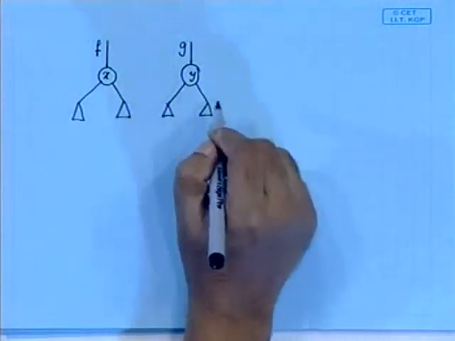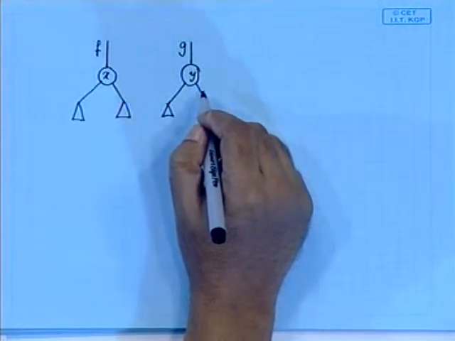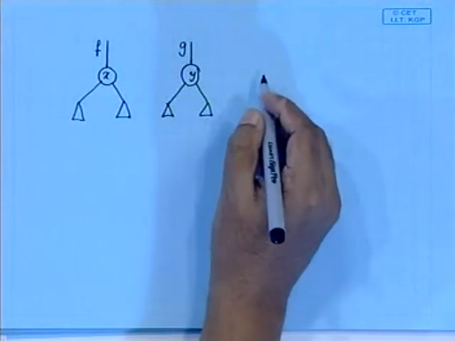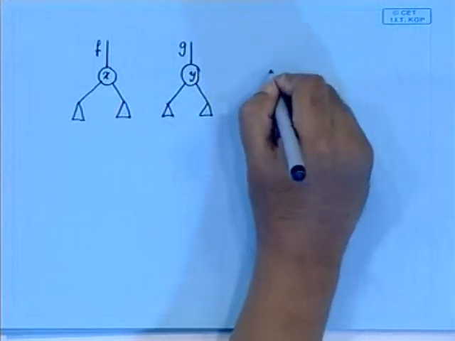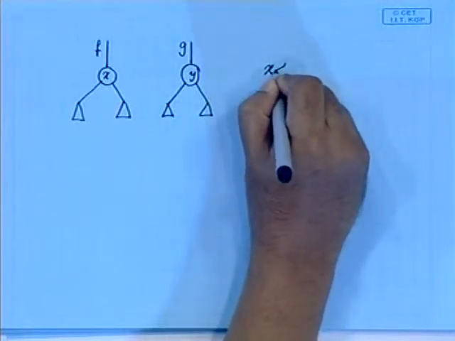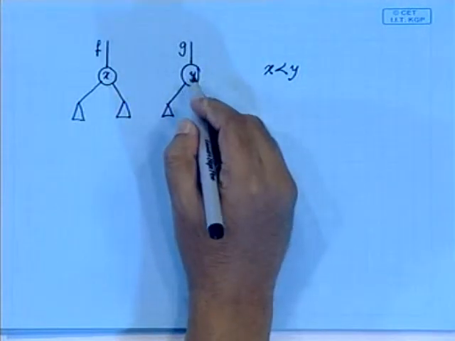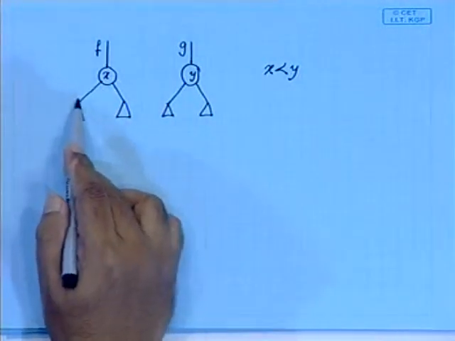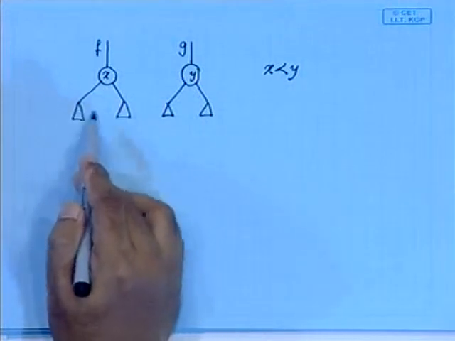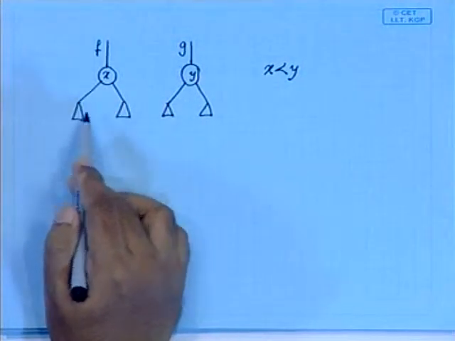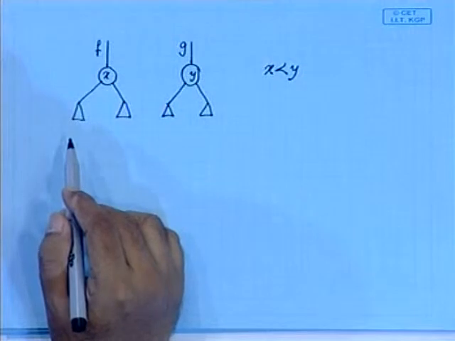Now let us say that in the variable ordering x precedes y. So in the variable ordering x comes before y. Then it is possible that there is some y node in these BDDs.